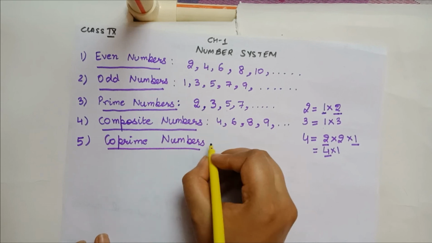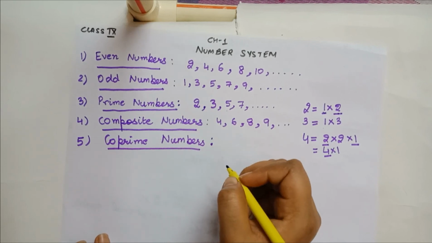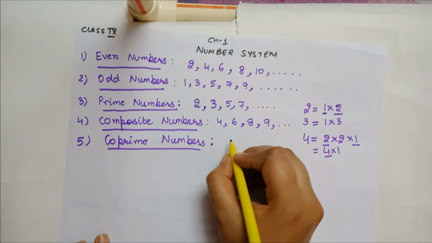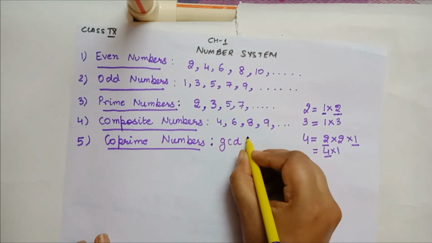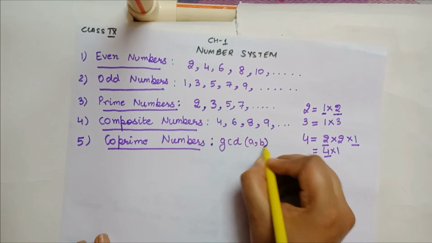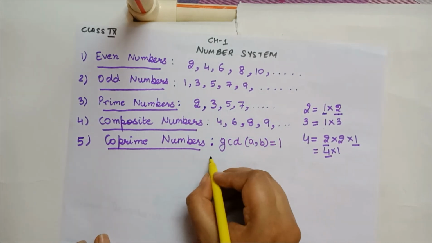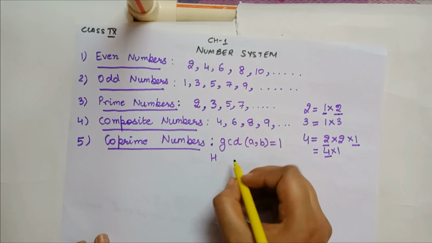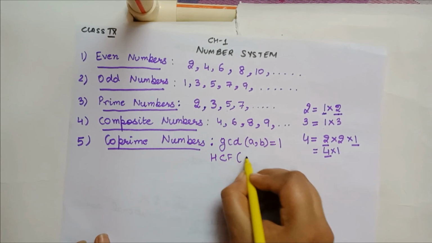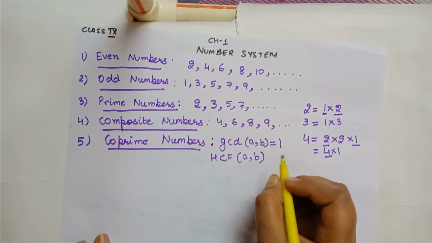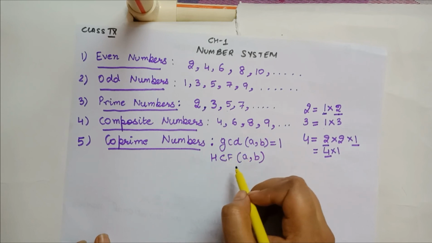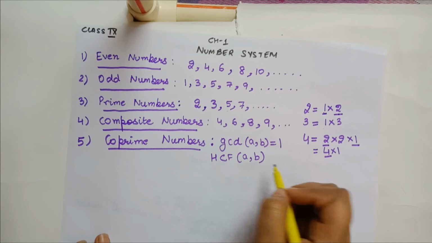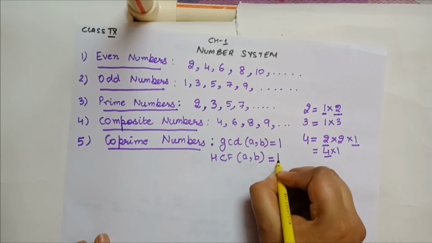Fifth, co-prime numbers. Co-prime numbers are those numbers whose GCD is equal to 1. GCD or HCF are one and the same thing. GCD means greatest common divisor. HCF means highest common factor. So highest common factor is equal to 1.